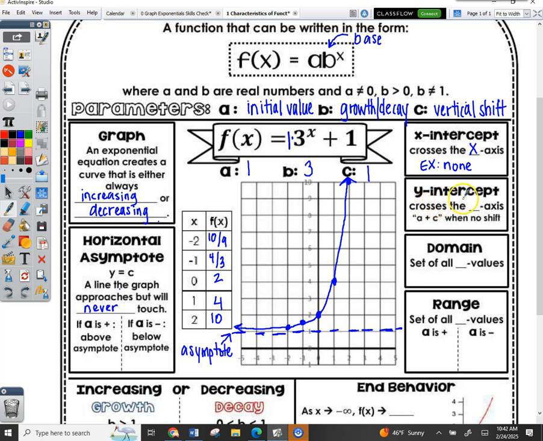What about your y-intercept? It's where it's crossing the y-axis. So in this case, what's my y-intercept? It's 2 right here. This is your y-intercept, because that was your initial value.